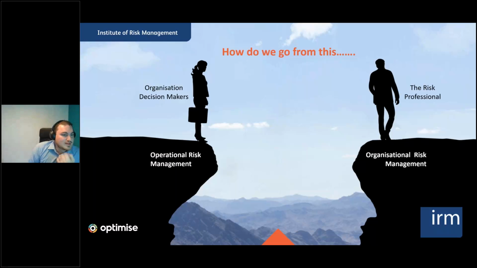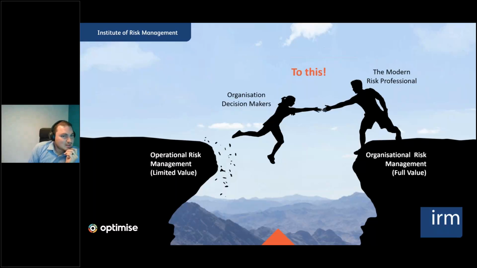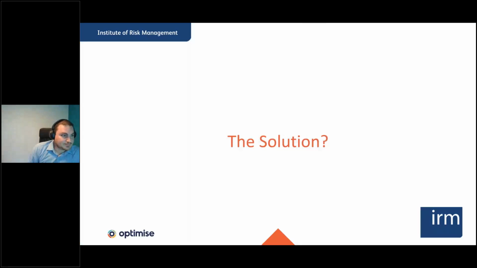So how do we go from this sort of stalemate position to something like this, which is trying to get the organizational decision makers to move to the side of the risk professional to understand the value that we can offer, and the value that risk management can bring to their organization if it's used effectively throughout the business.